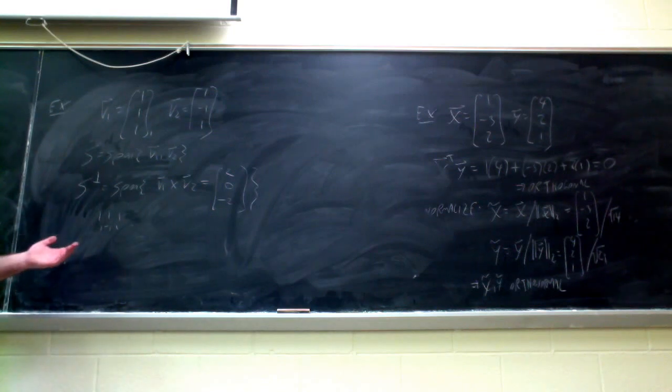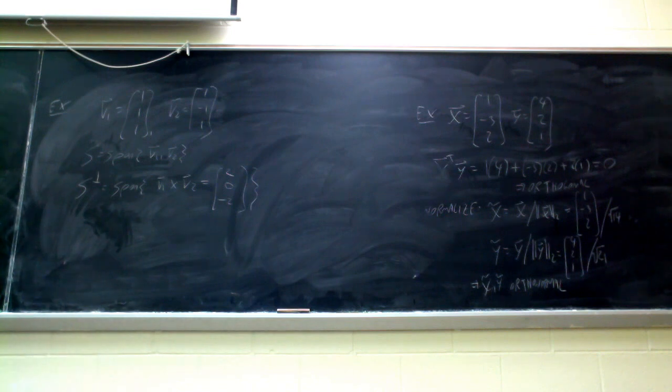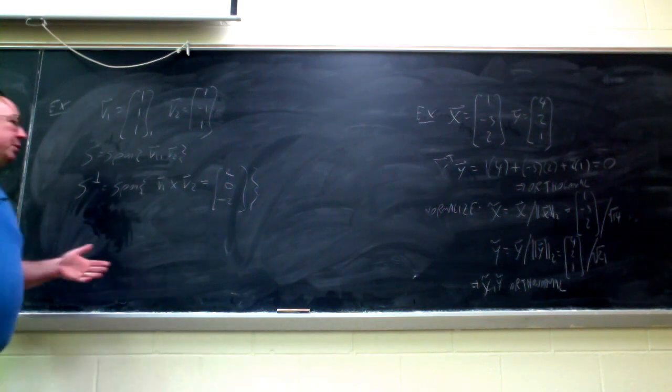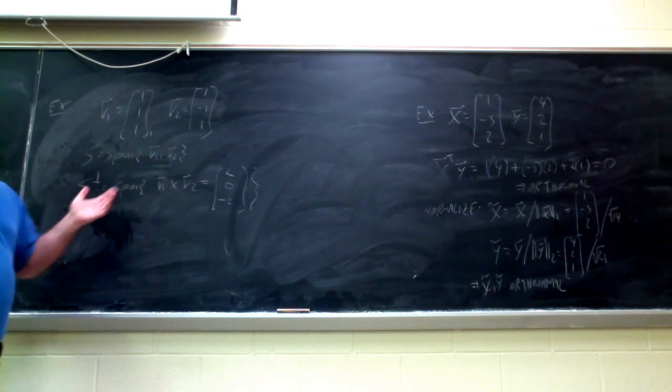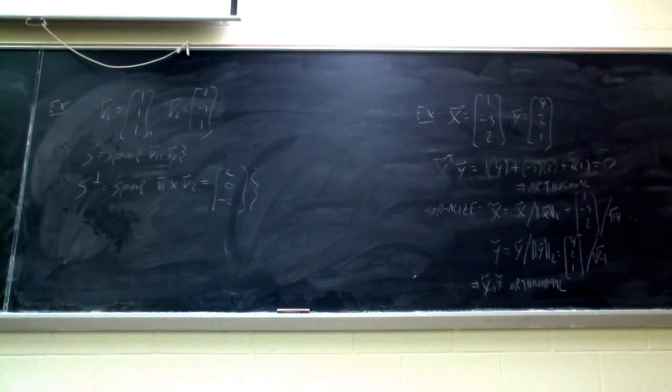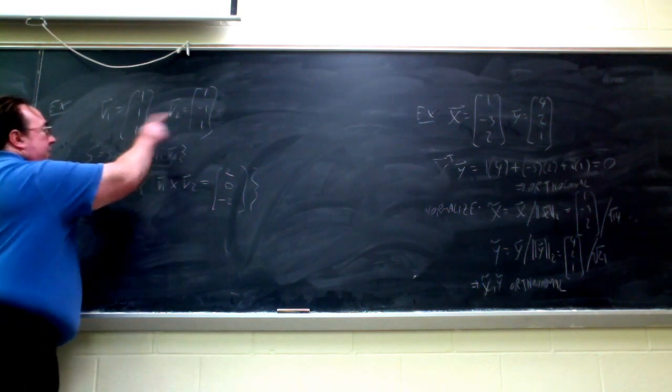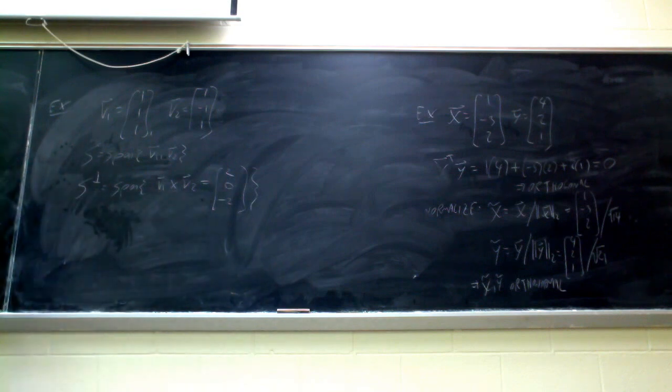You're taking all possible multiples of it. So R3 is partitioned into 2 subspaces that are mutually orthogonal, S and then the orthogonal complement. And dimensions of them have to add up to the dimension of the entire space, which in this case is 3. Okay, so you can check any linear combination of these vectors is going to be orthogonal to this one.